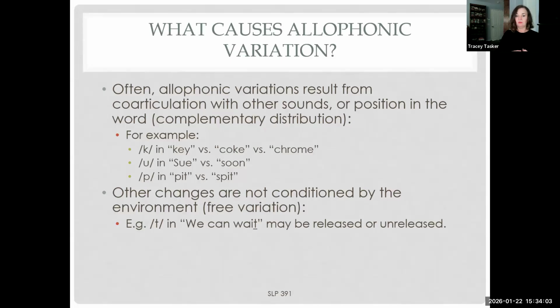If I say we can wait, and I emphasize that T at the end, versus we can wait, without releasing the T at the end, you still recognize what I'm saying. It's not making a big difference in the way that it's pronounced. Maybe you might think I'm trying to emphasize it more if I say we can wait versus we can wait, but it's not changing your recognition of those individual sounds.